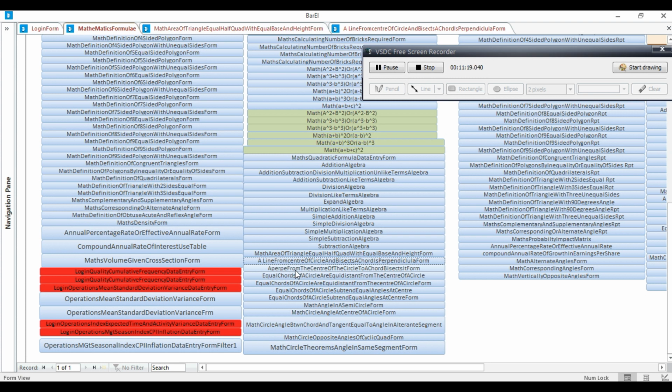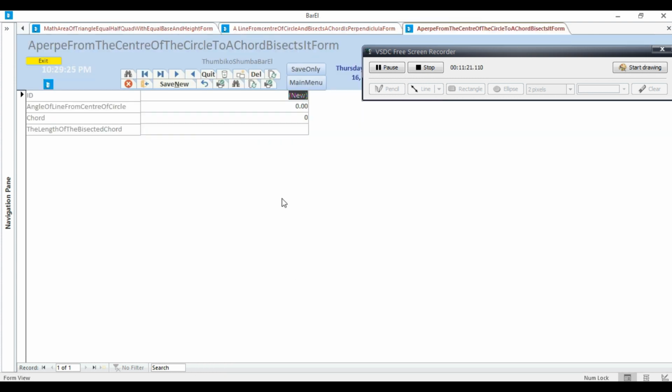Let us say this is 90 and the chord is 60, then it's going to bisect the chord, and the answer is that. But if it's, let us see, if it's 70, it does not bisect.